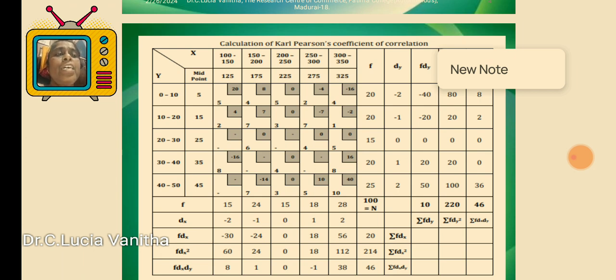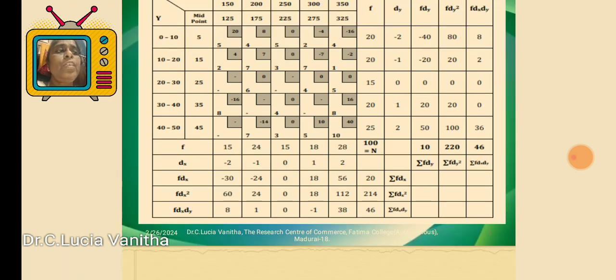Next, sigma f dx squared and f dy squared: multiply f dx with the dx column again, and f dy with dy again. Now again calculate sigma f dy squared.